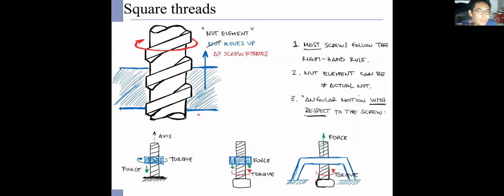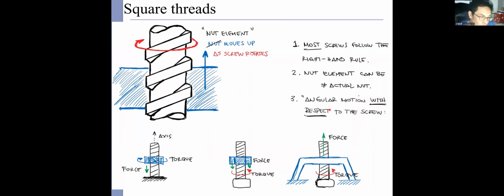Okay, so let's focus on the square thread first. Suppose the thread is square, and it is installed with the nut. We can regard it as a nut element. Most screws follow the right hand rule, and we can define the angular motion with respect to the screw.